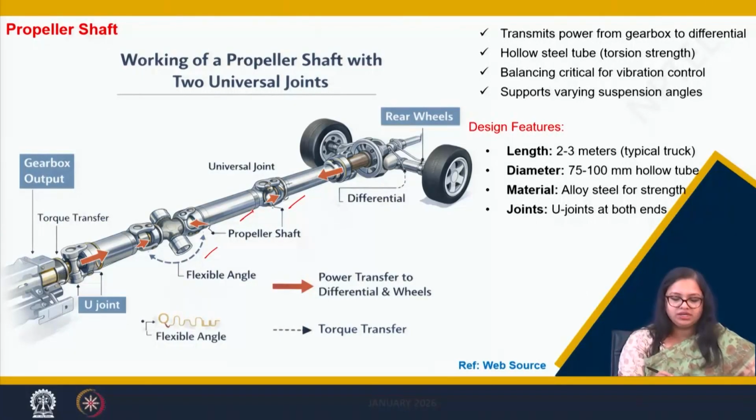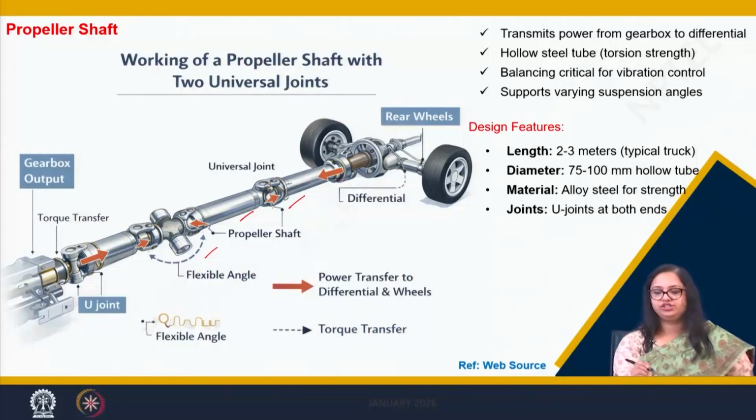So, the torque that is transferred from the gearbox gets transferred to this universal joint, and this universal joint has the capability to take the varying load that comes from the jerking of the vehicle, or due to any misalignment between the shafts that are connected from the gearbox to the differential.